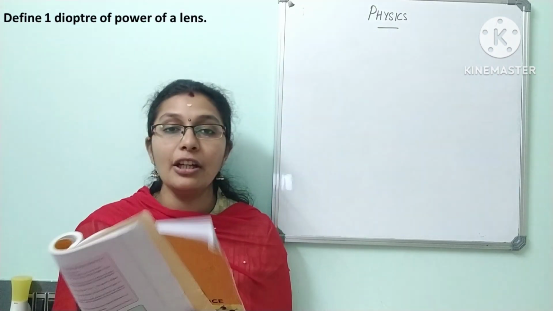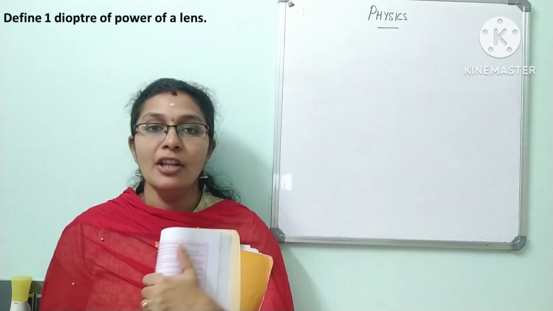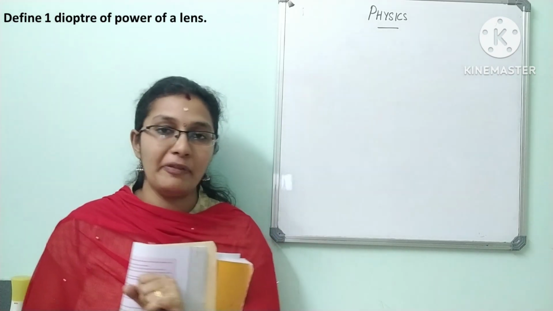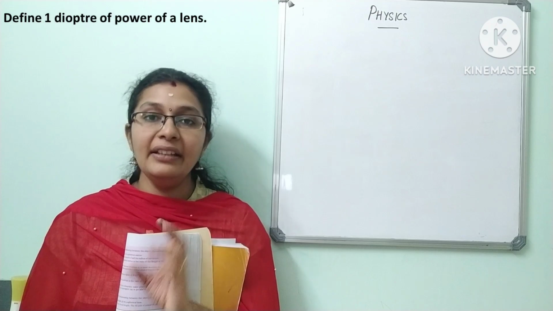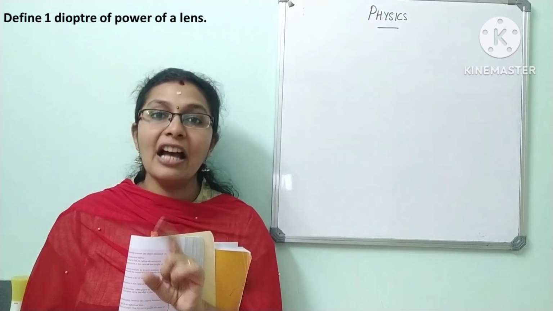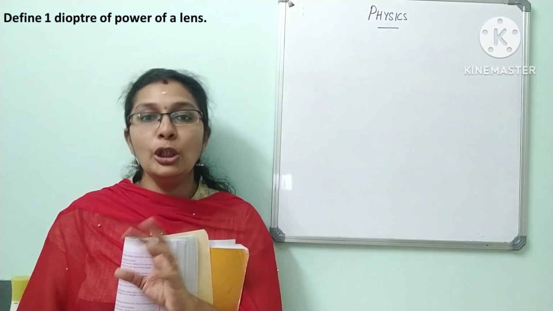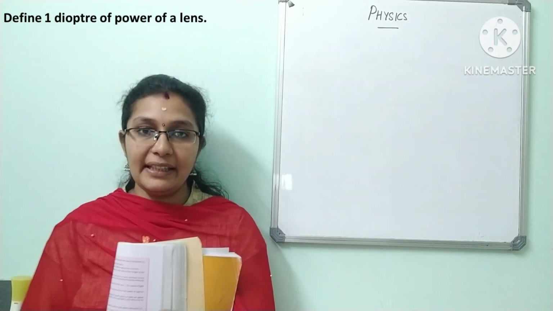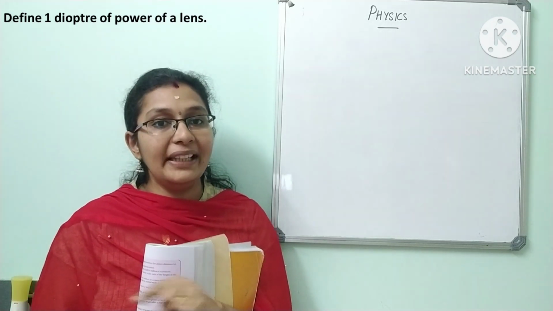Define one diopter of power of a lens. What is meant by one diopter? Diopter is nothing but the unit of power of a lens. How will you measure the power of a lens? Using focal length. Power of a lens is inversely proportional to focal length, yes or no? And the unit of focal length is meter.